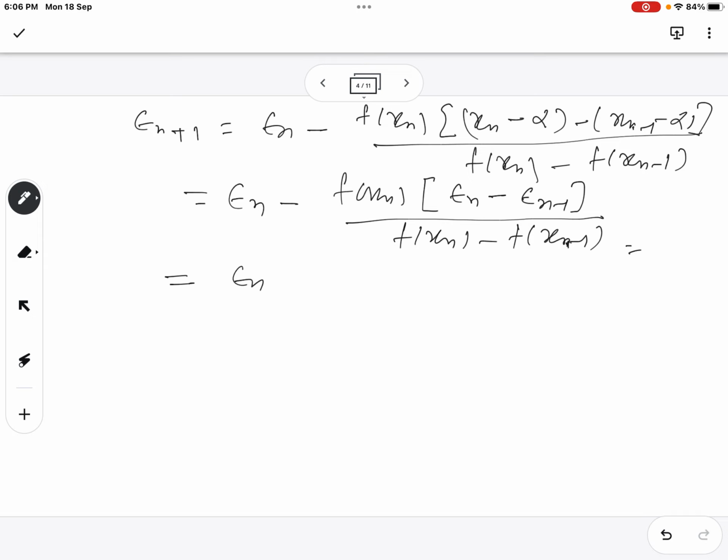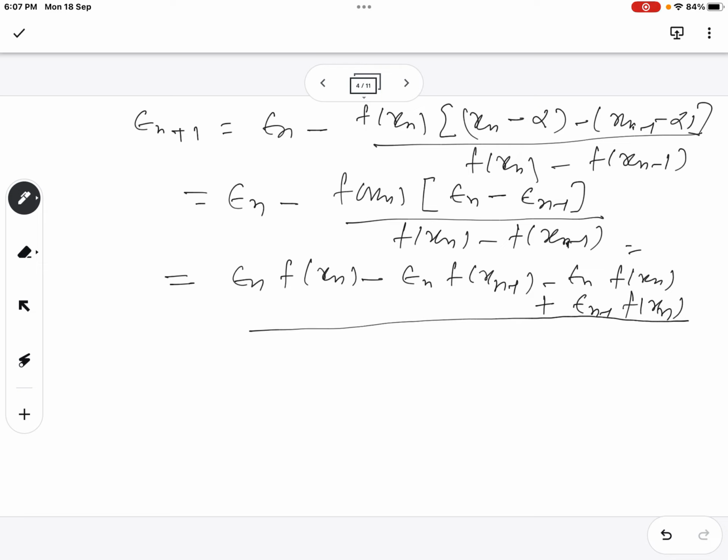So nth error multiplied by f(xn) minus nth error into f(x(n-1)) minus nth error into f(xn) plus (n-1)th error multiplied by the function value at xn, divided by f(xn) minus f(x(n-1)), and this and this will cancel out.